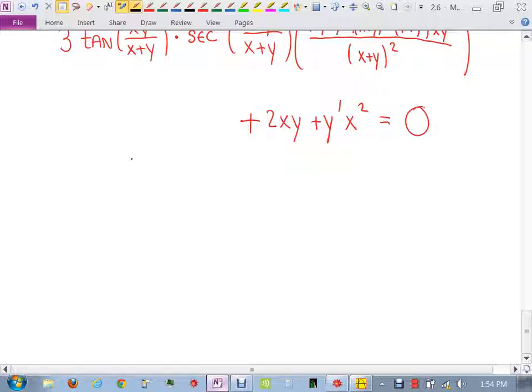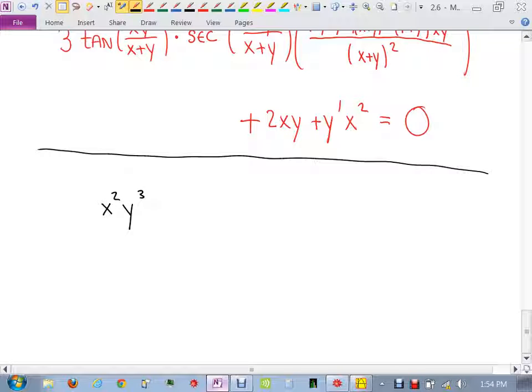All right, look at this next example. I want to really make sure you understand what's going on here. x squared y cubed equals x plus 3y. Find dy/dx. Now, this problem is not supposed to be hard.